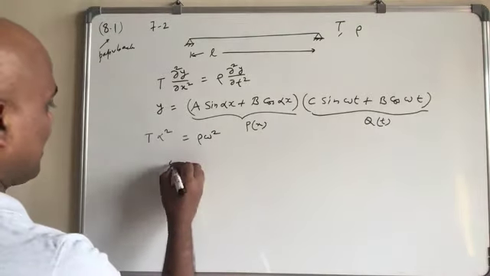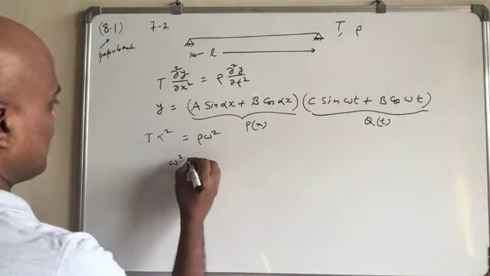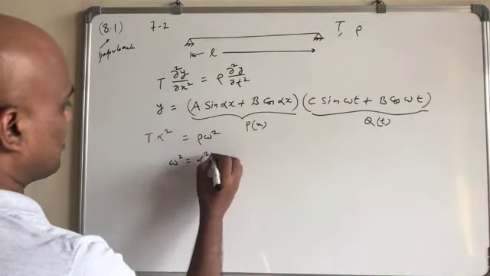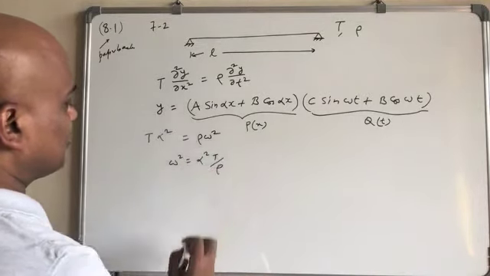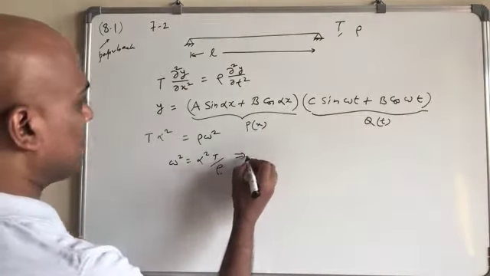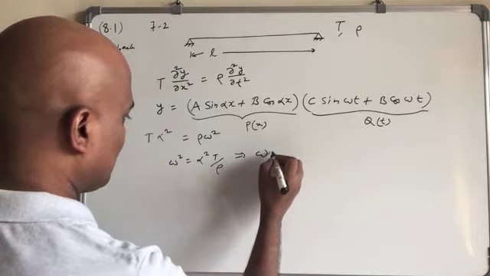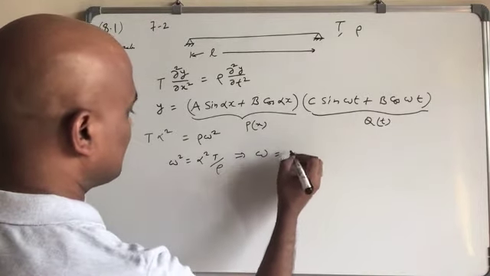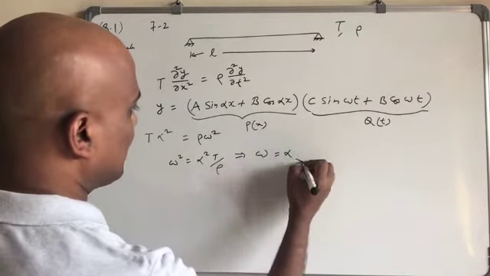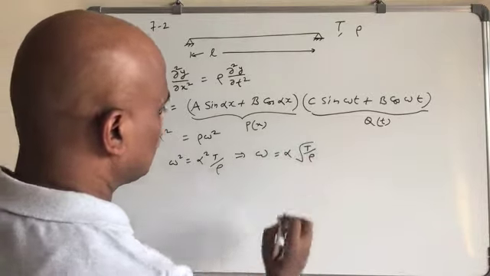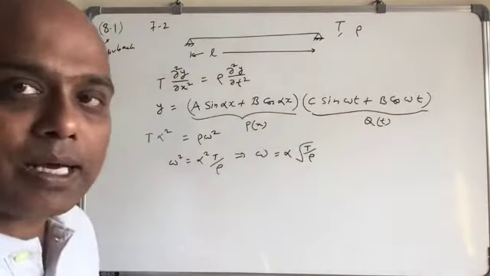So omega square equals alpha square T over rho, or omega, the natural frequency, is given by alpha times the square root of T over rho. So this we got in our lectures.